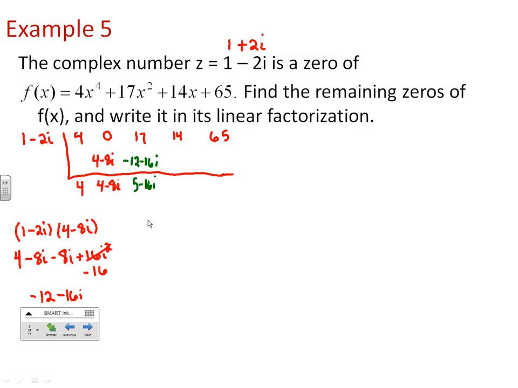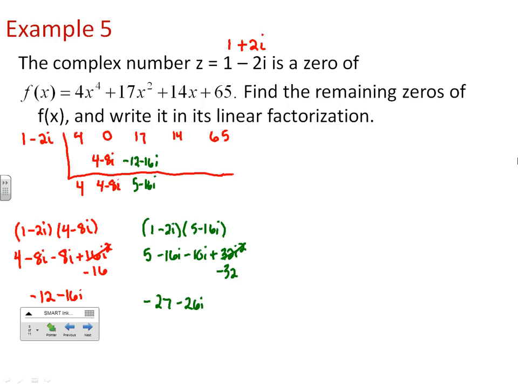Let's FOIL again. 1 minus 2i times 5 minus 16i. I have first, which is 5, outer is negative 16i, inner is negative 10i, last is plus 32i squared. So the plus 32i squared is minus 32. So 5 minus 32 is negative 27. Negative 16i minus 10i is negative 26i.